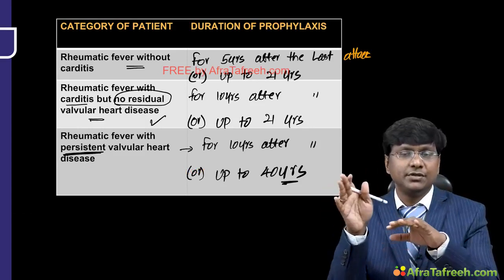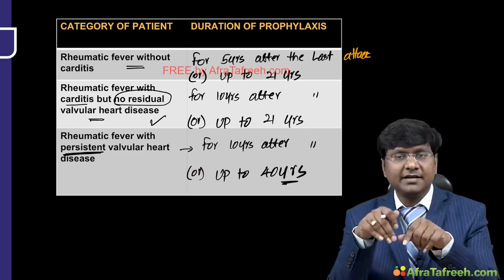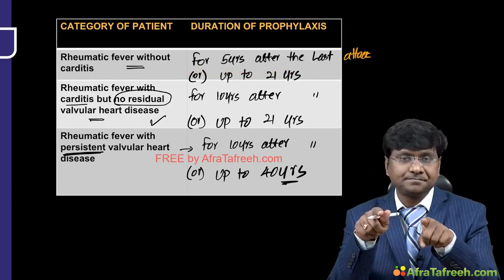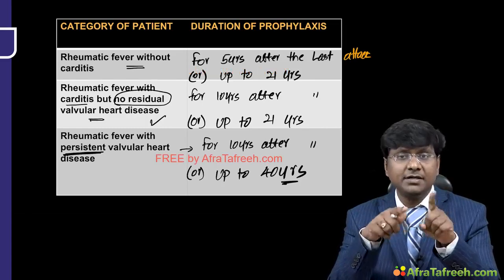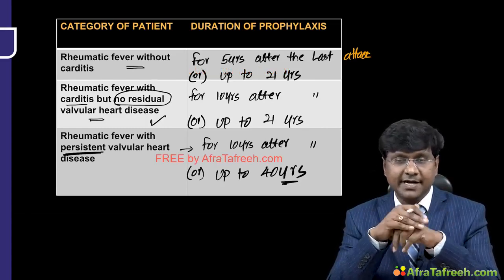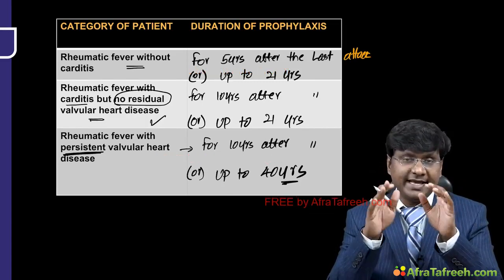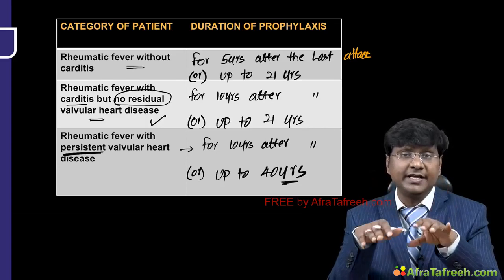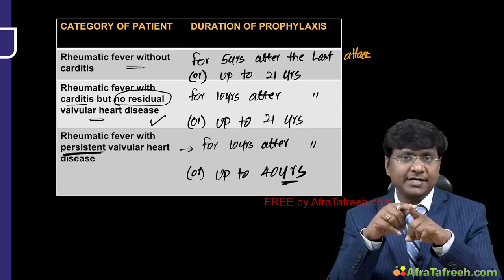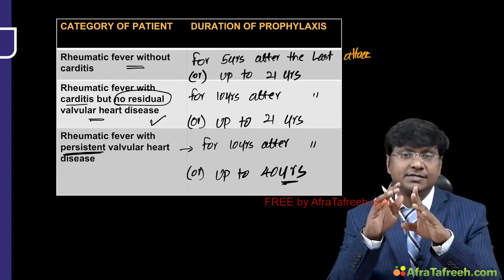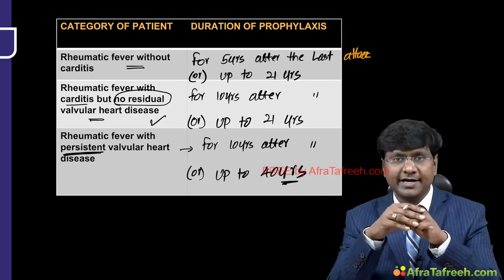Last manifestation will be the chorea. Minor manifestations will be fever, prolonged PR interval, raised ESR, as well as CRP. And you need to know what is low risk and high risk population, and individuals who are asymptomatic, age group less than 20 years. You need to know what is definite rheumatic heart disease and possible rheumatic heart disease based on echocardiographic criteria.